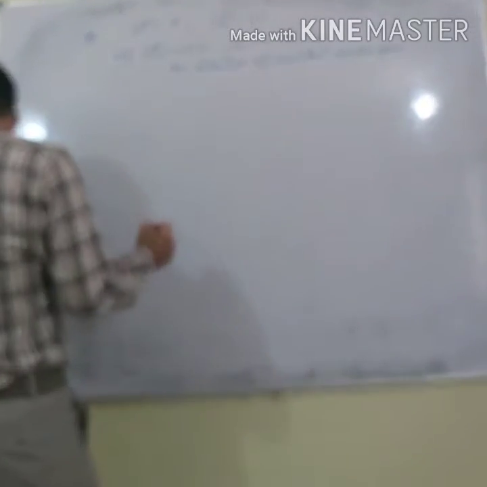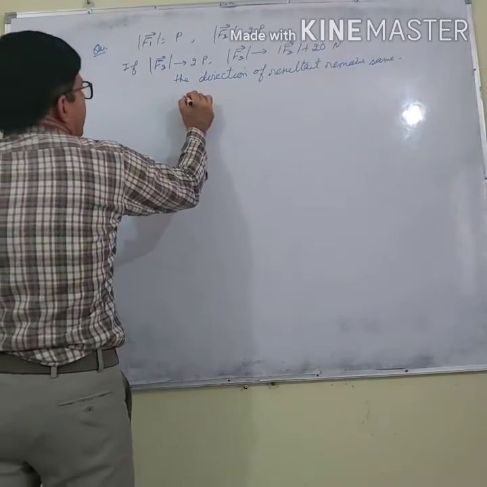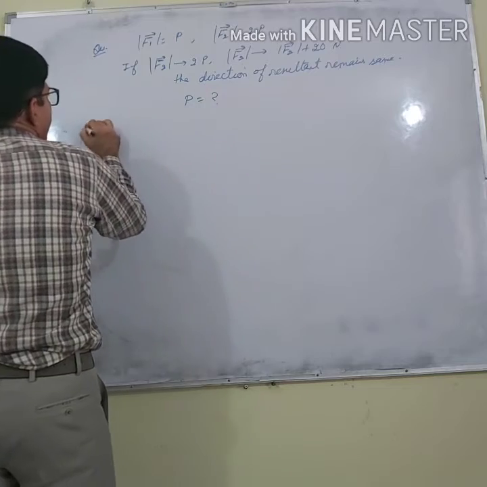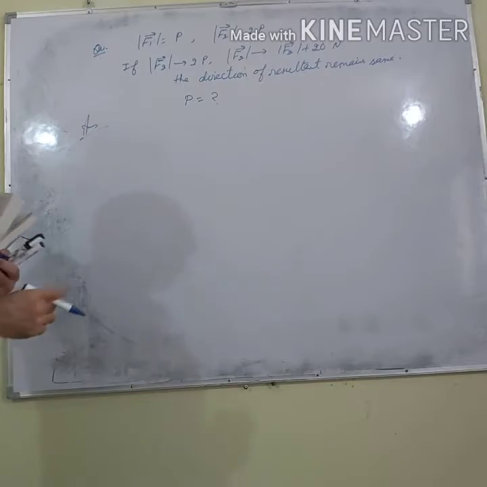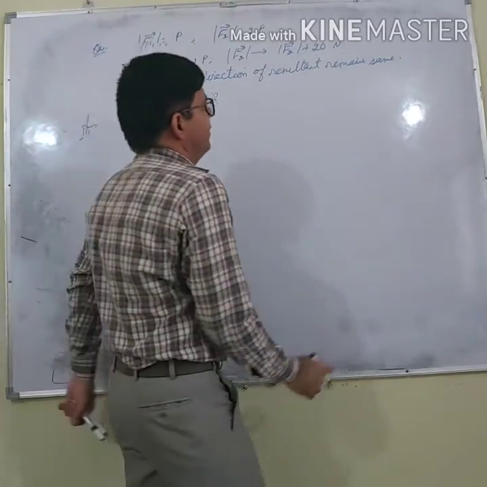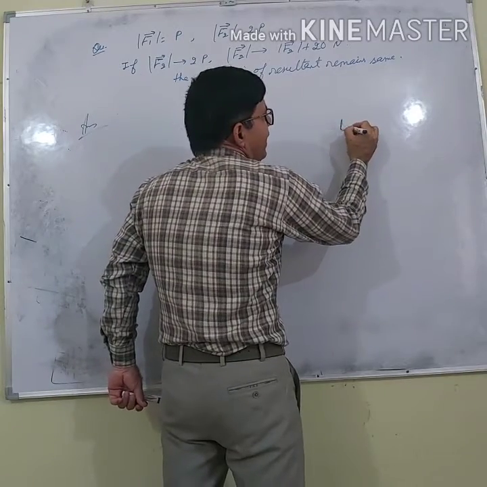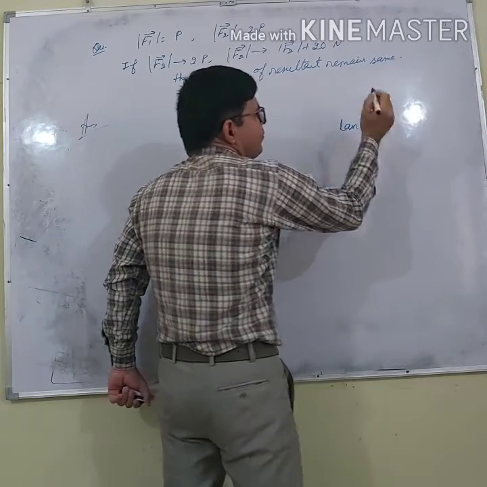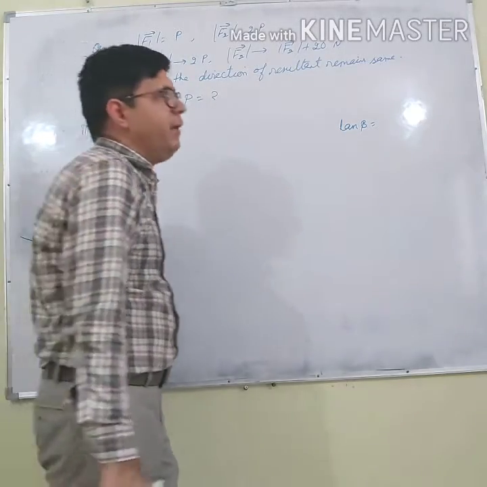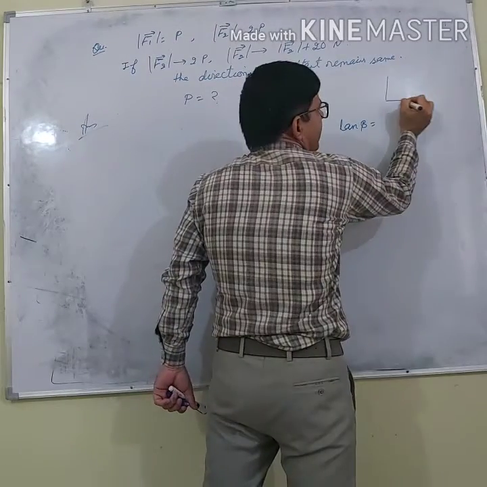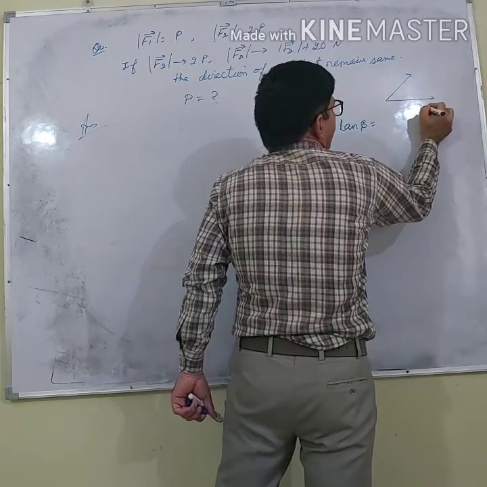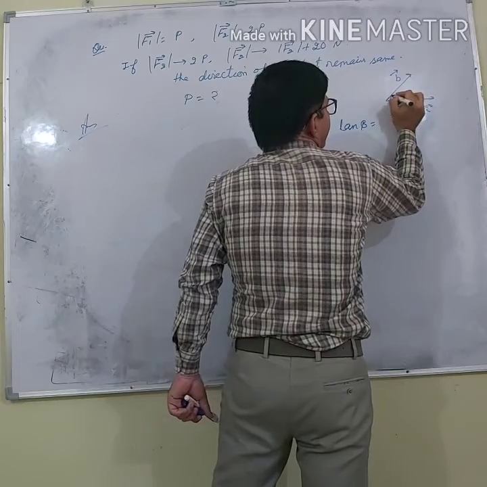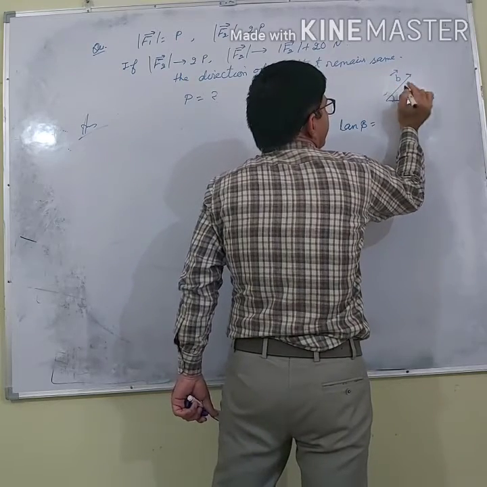What I have to do? I have to calculate the value of P. Alright, this is the question given. Now, what will I do? It's a very simple question. Here I am being asked the direction. Let us say these are two vectors, vector A and vector B. They have angle theta.